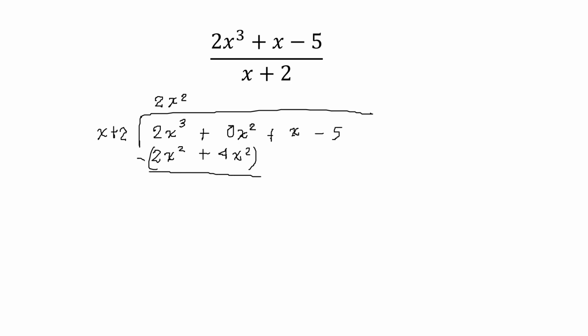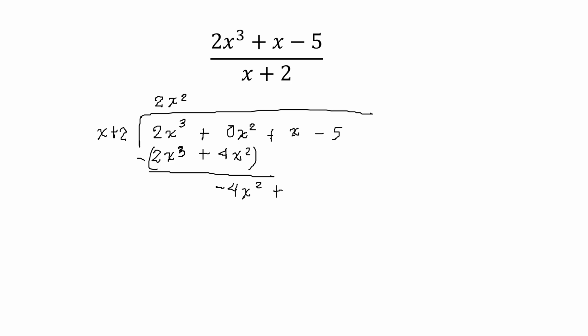Subtract. Okay, so 2x cubed minus 2x cubed is 0. 0x squared plus 4x squared. This is minus, so this is minus 4x squared.